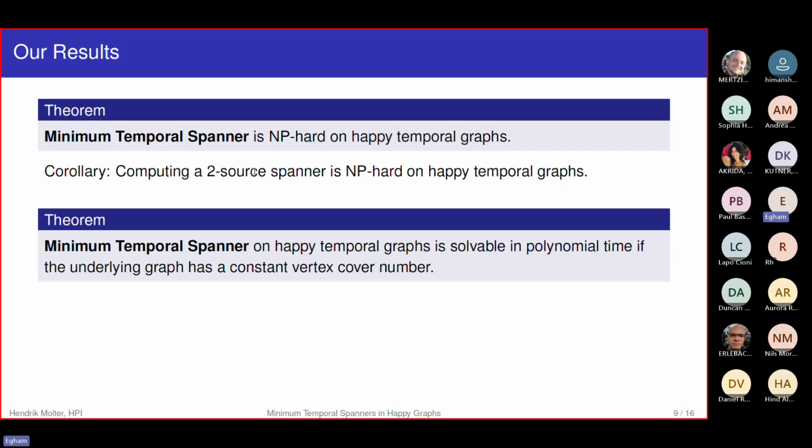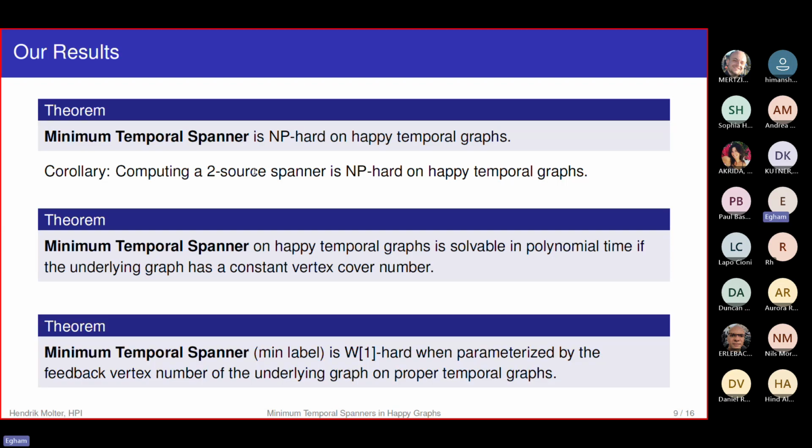And as a lower bound, we could only, in some sense, show so far that minimum temporal spanner, when you want to minimize the number of labels, is W[1]-hard when parameterized by the vertex cover number, but also only on proper graphs. So you can see there's quite a big gap between the lower bound and the upper bound in terms of the parameterized complexity of this problem.